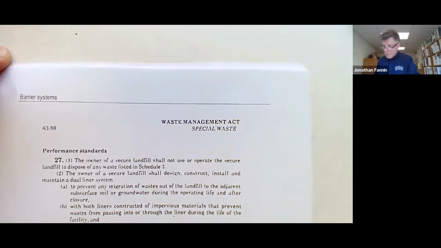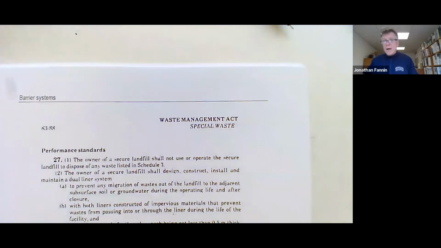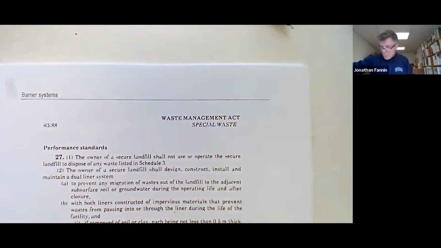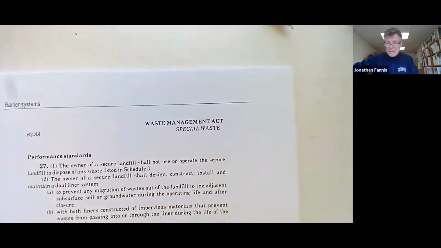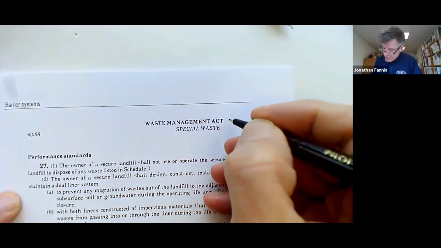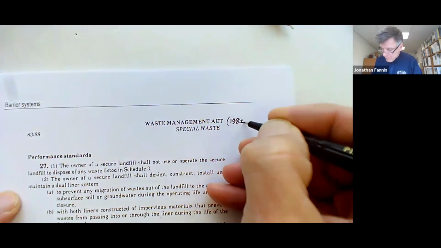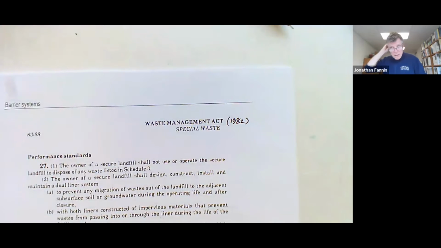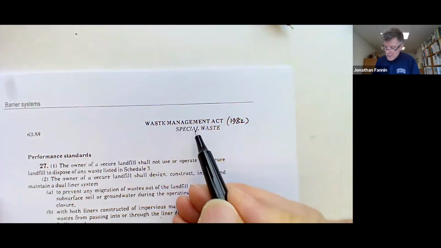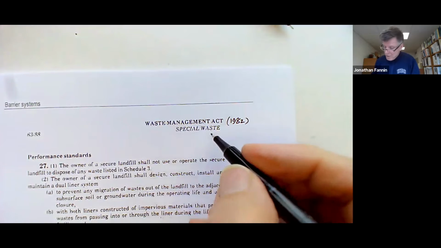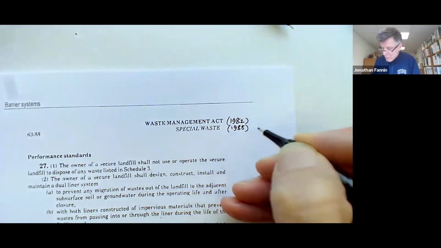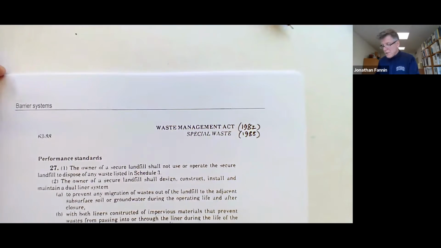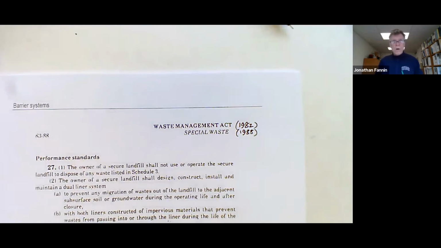So, for example, in British Columbia, we are guided to some extent by something that started off a number of years ago, actually started off in 1982 as the Waste Management Act. And in 1988, the Waste Management Act acquired special waste regulations. So there was an evolution of, I'd call it philosophical approaches with modest directions.